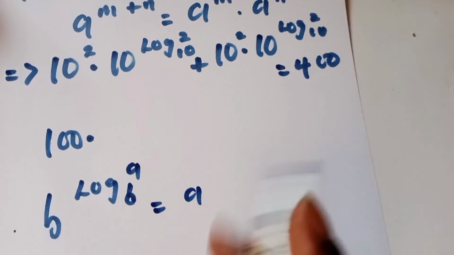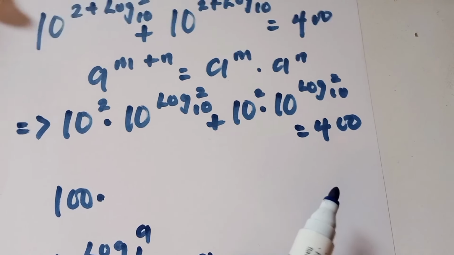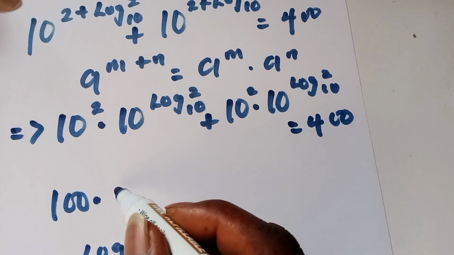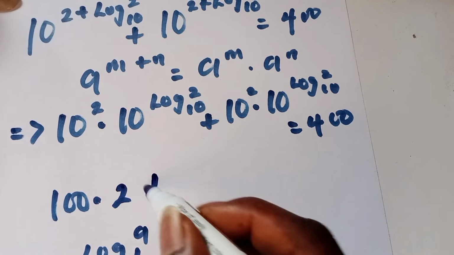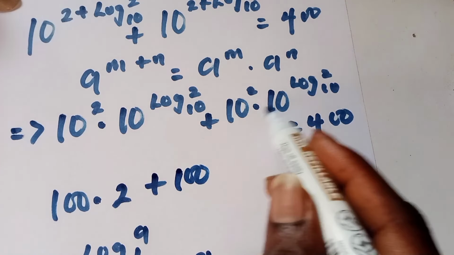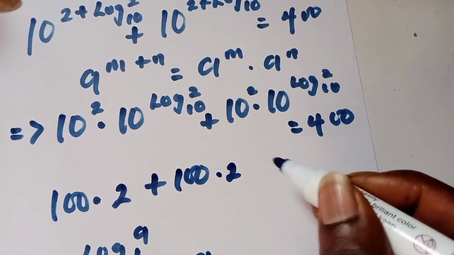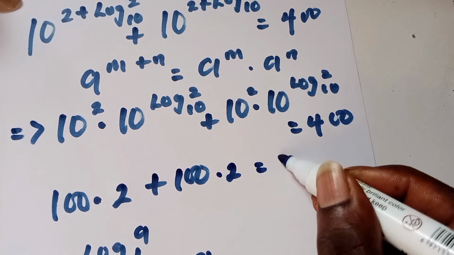So applying this, we have 100 times 2 plus the same thing here, 100 times 2, is equal to 400.